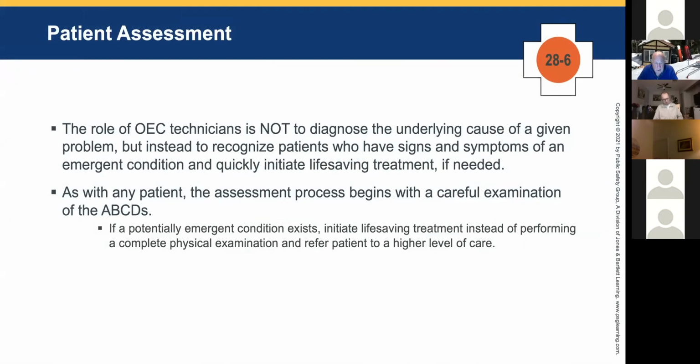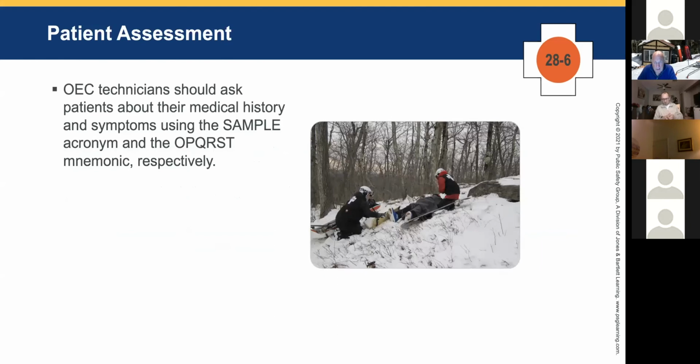If a potentially emergent condition exists, initiate life-saving treatment instead of performing a complete physical exam, and refer the patient to a higher level of care. That's a lot of words there. I think the bottom line is if we have an issue with the mountains, put them on oxygen and get them down to a lower altitude. If anybody has any comment to contradict this, I'll certainly be willing to listen.